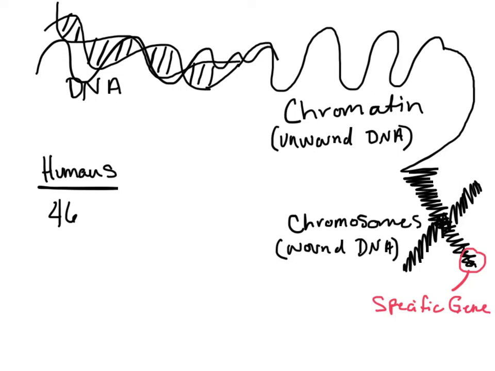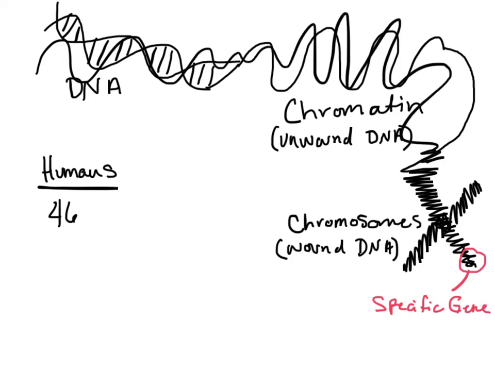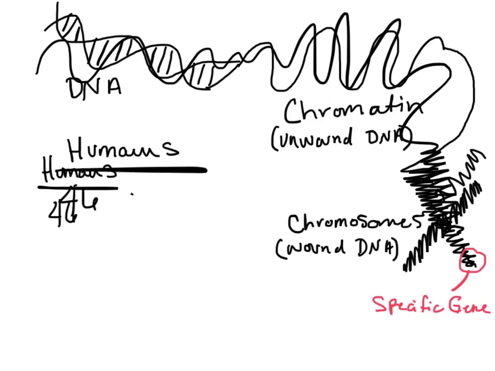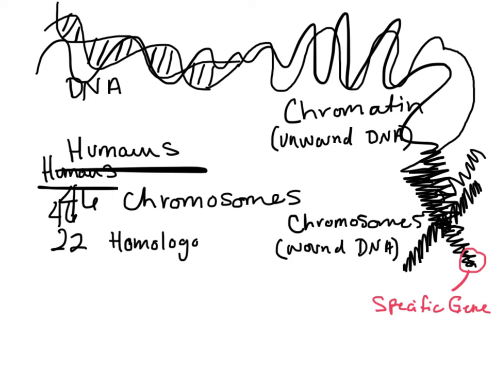Okay, so we have DNA, and then we have our chromosome. So humans have 46 chromosomes: 22 homologous pairs. What does homologous mean? The same. Homologous pairs, and 1 pair of sex chromosomes.